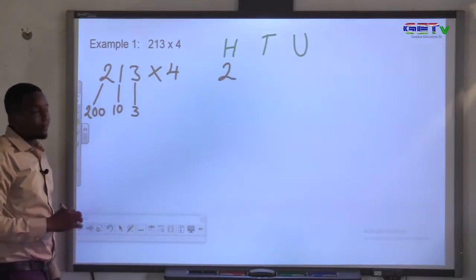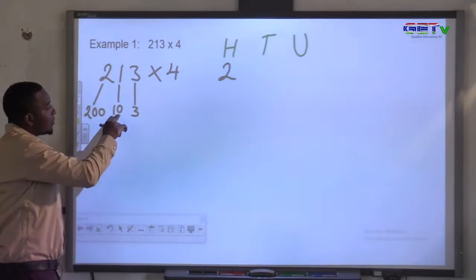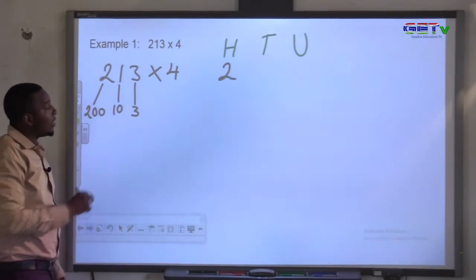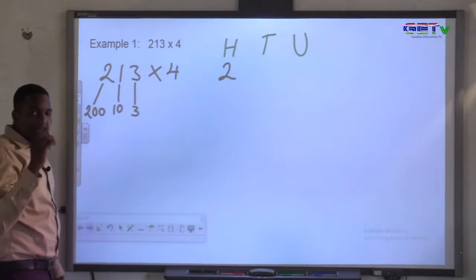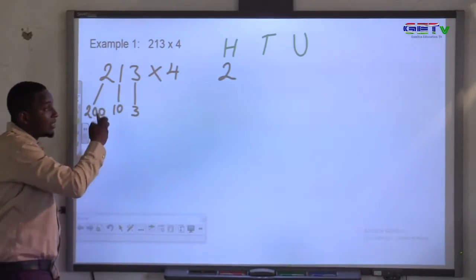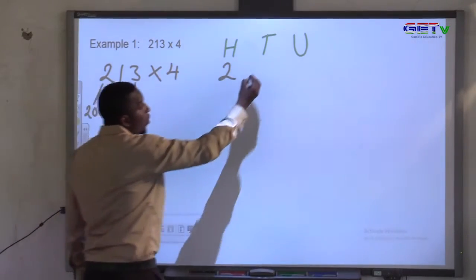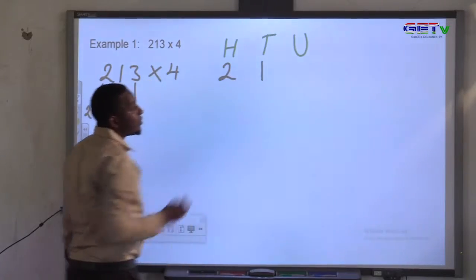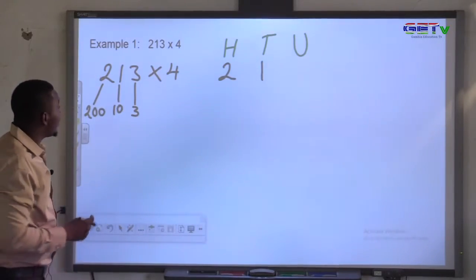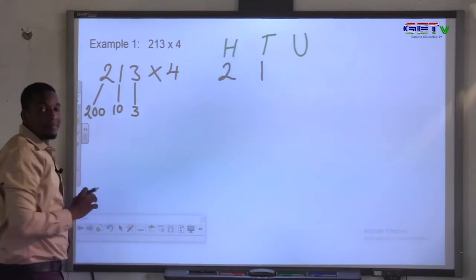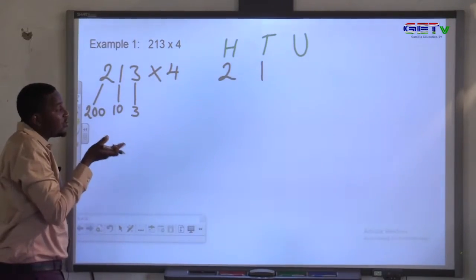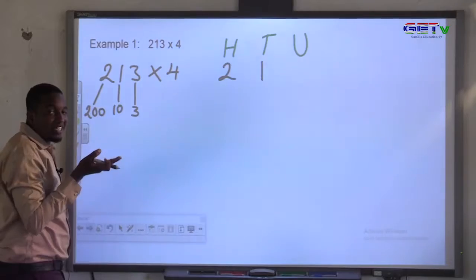From there, we look at 10. How many tens are in 10? There is only 1 10 in 10. So we are going to write 1 under the 10th column. Then we proceed to the last one, that is 3. 3 is just a digit, a single digit.